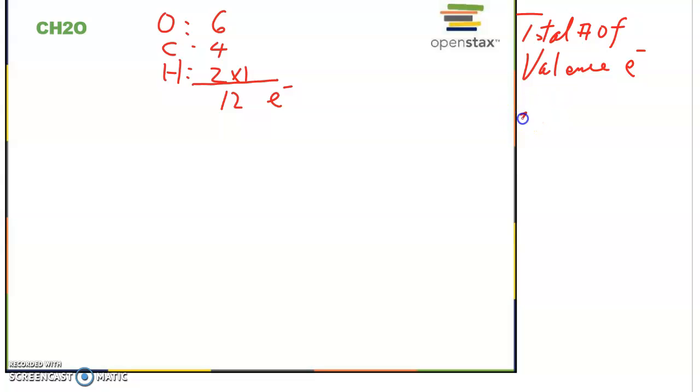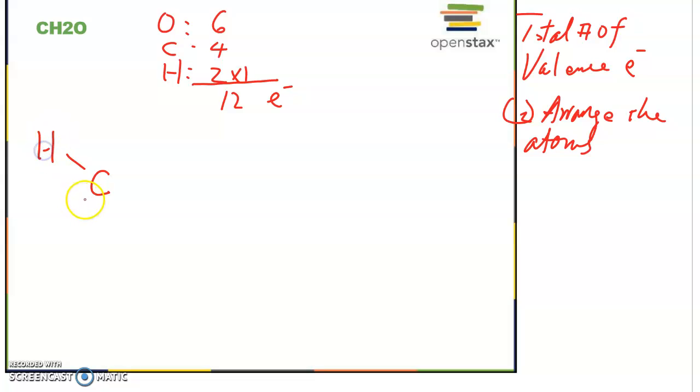The next step is to arrange the atoms, because there are more than one way of arranging the atoms. Last time, what we have seen is carbon over here, hydrogen over here, hydrogen over here, and we can make a double bond linked to the oxygen.